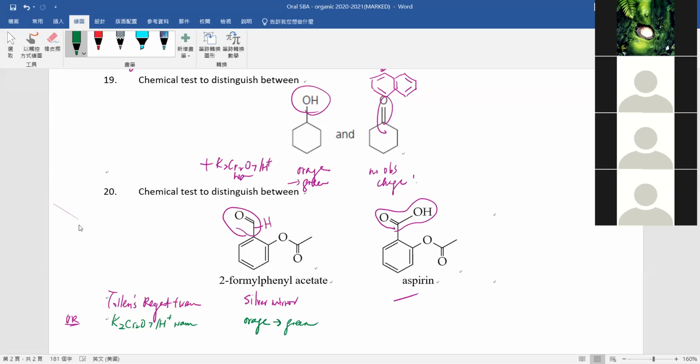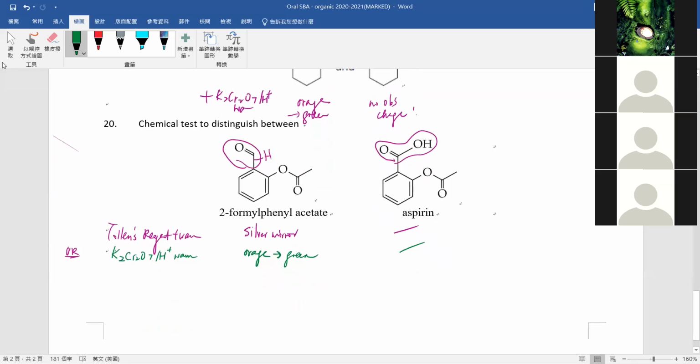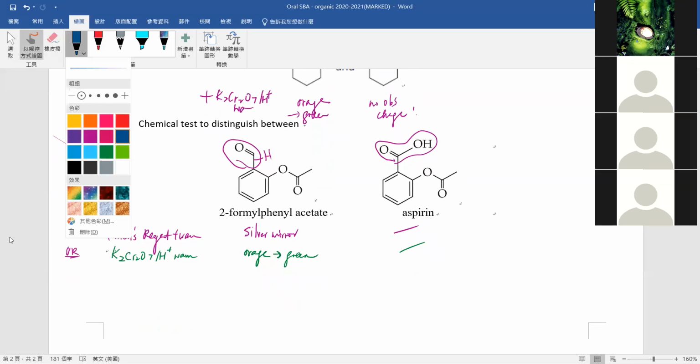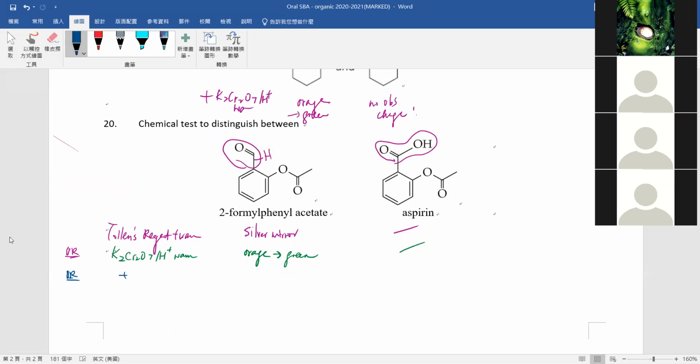Okay, and this part, what is that? No observable change, or somebody used the first case. Or what? You add sodium hydrogen carbonate solution. You look for what? Effervescence.